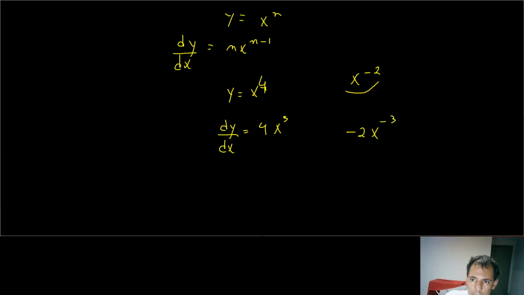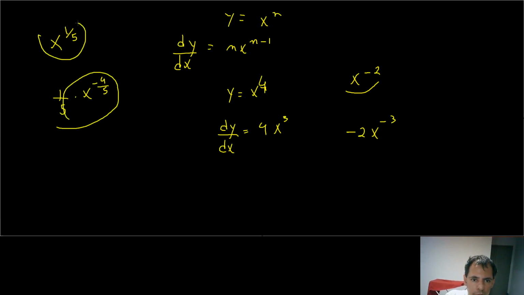Now if it's x to the 1/5, what's going to be this? The derivative is going to be 1/5 times x to the 1/5 minus 1, because you always have to subtract 1 from the exponent, from the power. 1/5 minus 1 is going to be minus 4/5. And so this is the derivative of this.